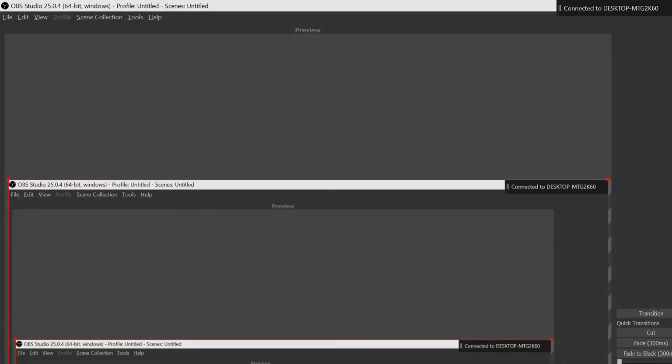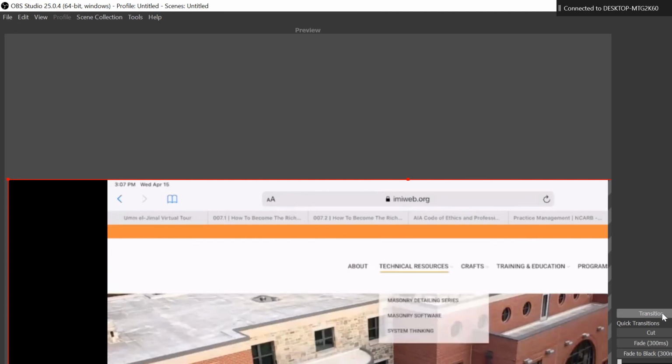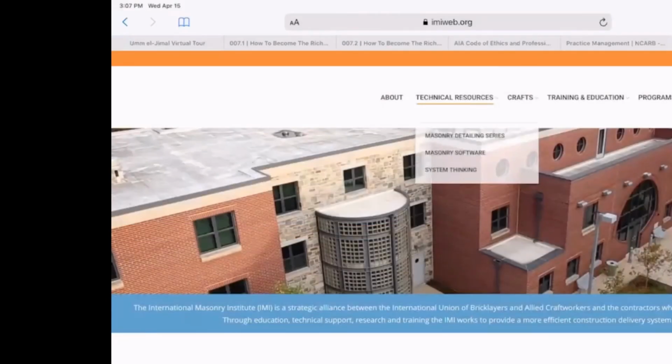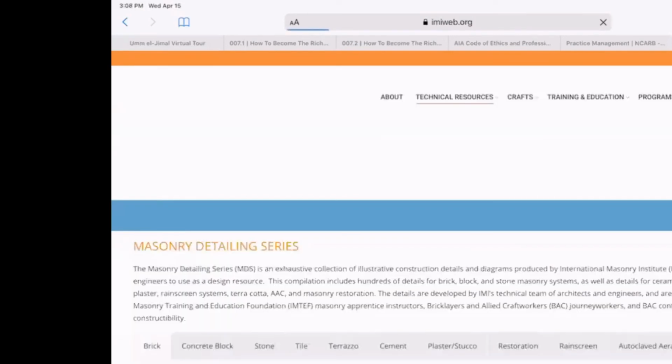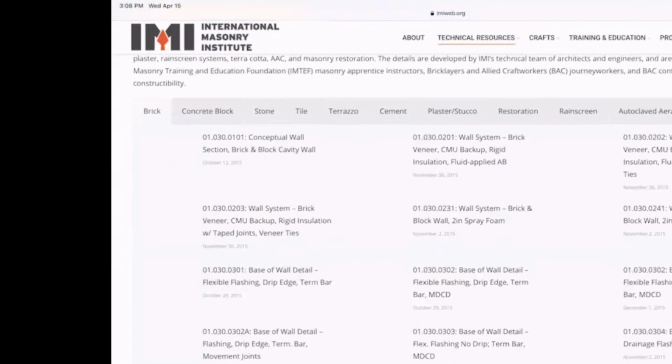I know someone, I think Joe, the International Masonry Institute website. All right, and in here they have technical resources, and notice right there they have masonry detailing. So I'm going to go in there, and they have tons and tons of details on those bricks. So notice brick, concrete block, stone, tile, stucco, you name it, rain screen.